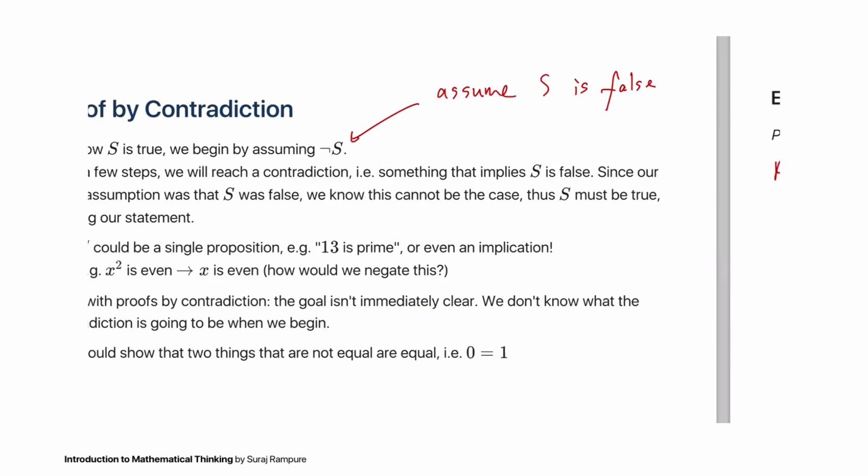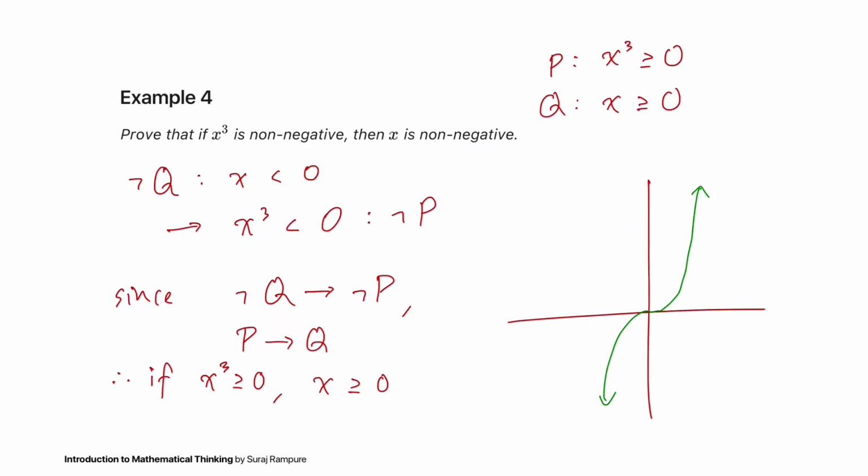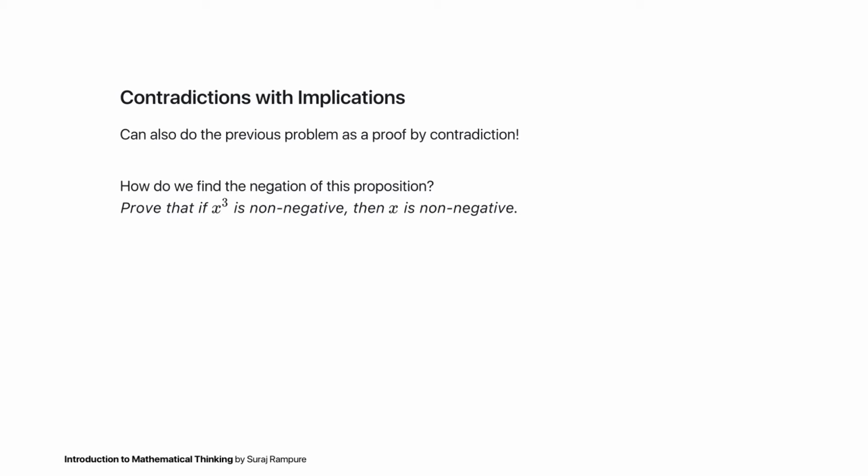For example, the very first example we did was actually an implication: if x divides y and x divides z, then x divides y plus z. But we didn't jump to contraposition there, not because we didn't teach it yet, but also because you can do it without using contraposition.